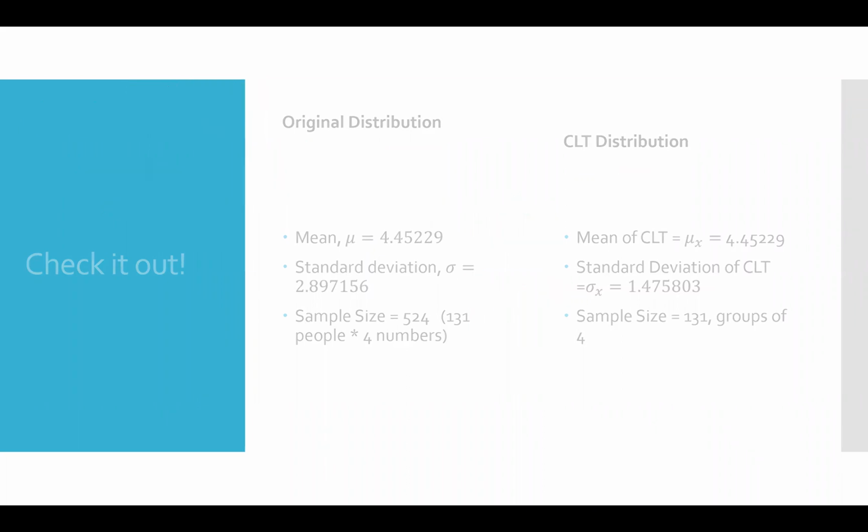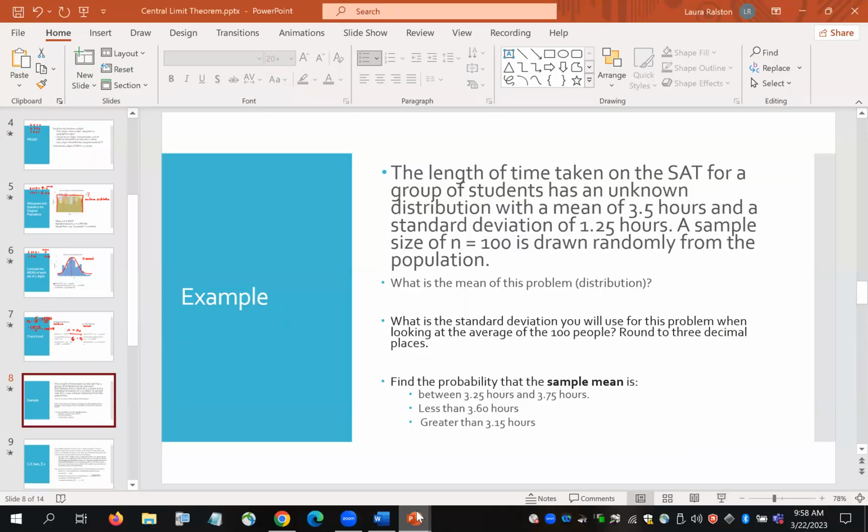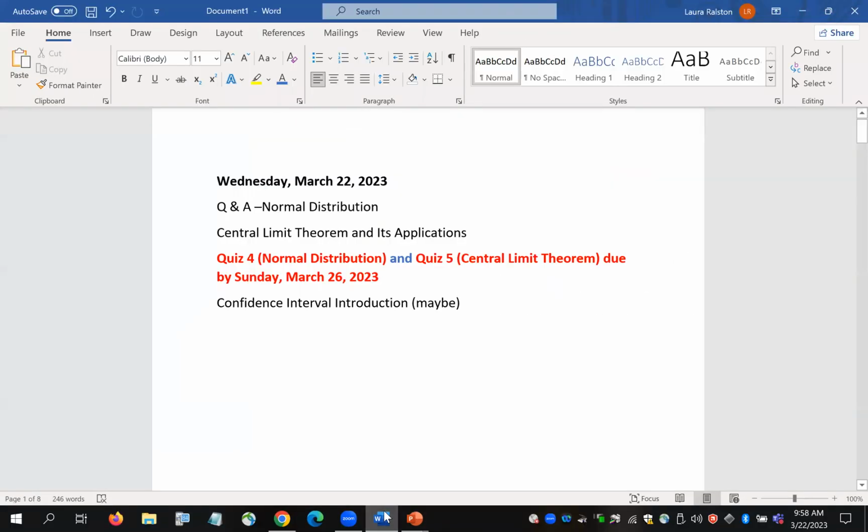Okay, so let's take a look at an example of how this would work. And again, I've moved this over to the Word document so that we can work through the problems together.